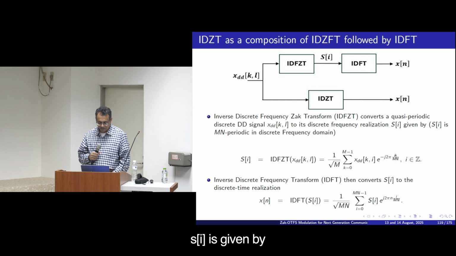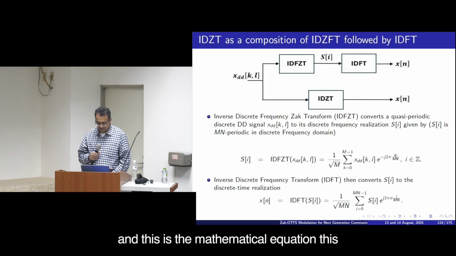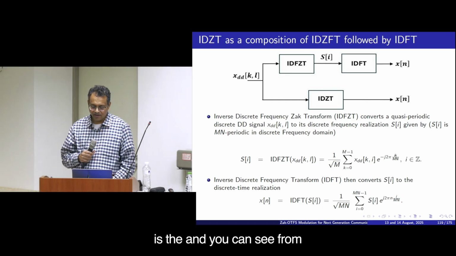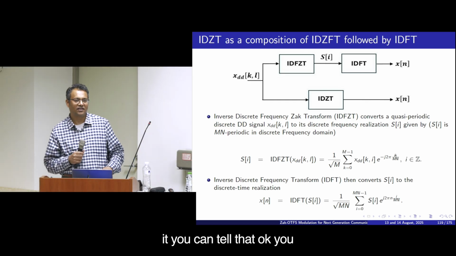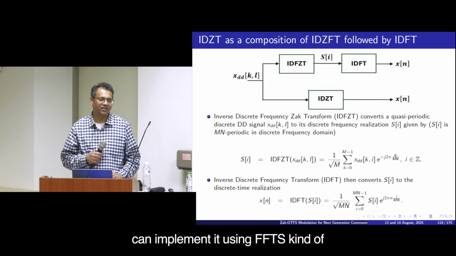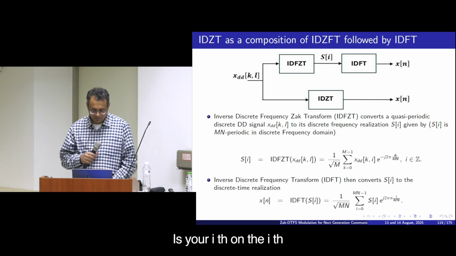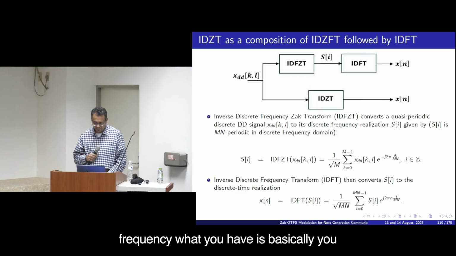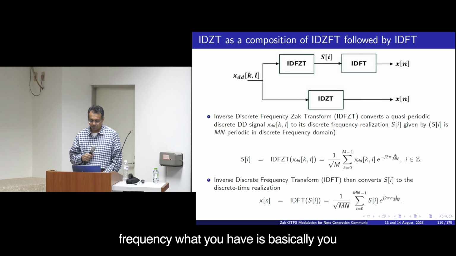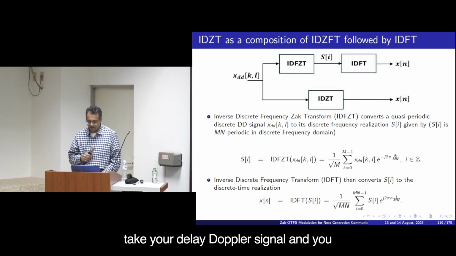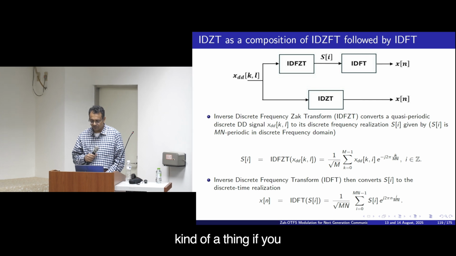So this is the transform. S[i] is given by the IDFZT of X_DD, and this is the mathematical equation. You can see from it that you can implement it using FFT kind of operations. On the ith frequency, you take your delay Doppler signal and do a DFT kind of thing.